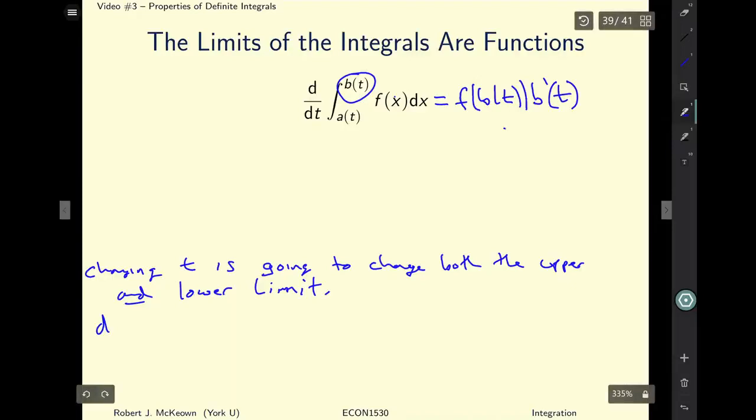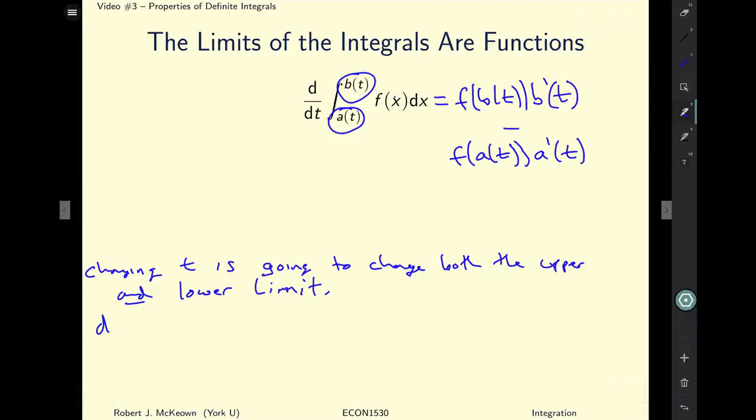And I'm going to subtract, and now I'm going to apply the rule to the bottom. And similarly, I'm going to evaluate our integrand at a of t, but I also want to apply the chain rule and note how a change in t affects our lower limit.